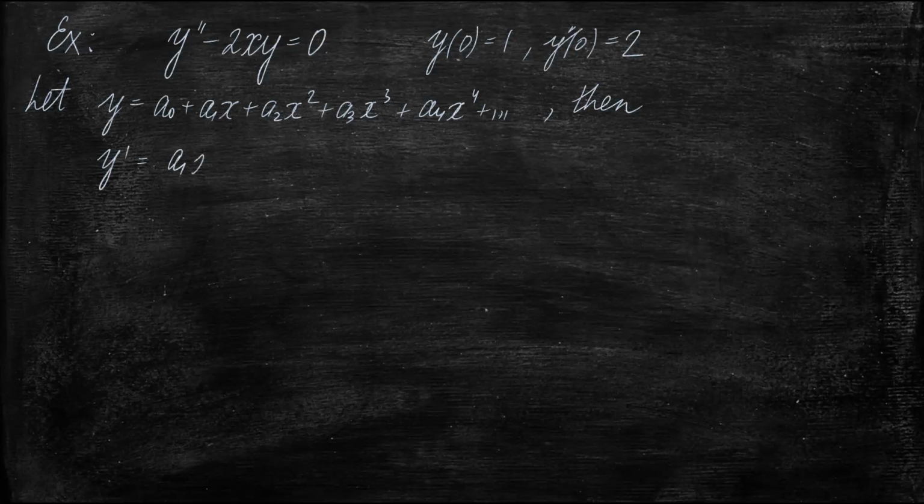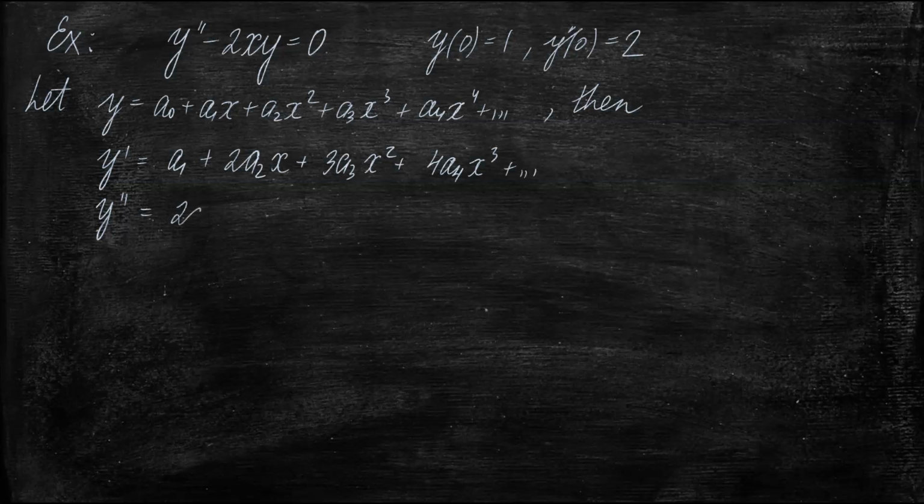So it's a1 plus 2a2x plus 3a3x squared plus 4a4x cubed, and we're going to find the second derivative here.